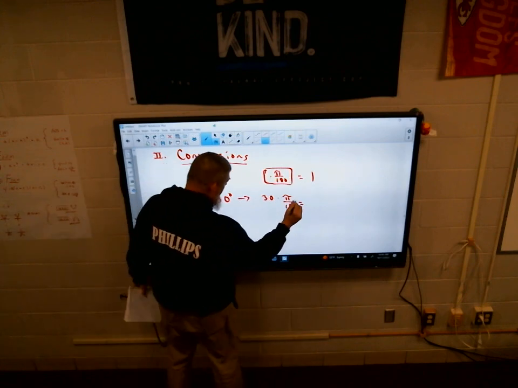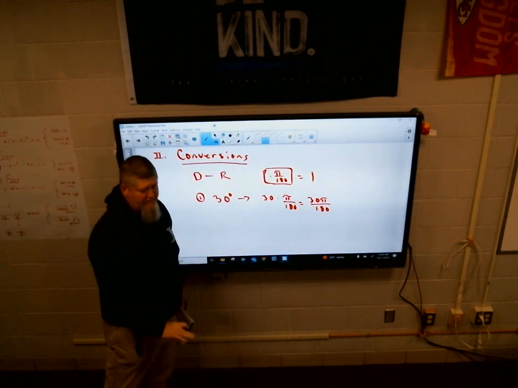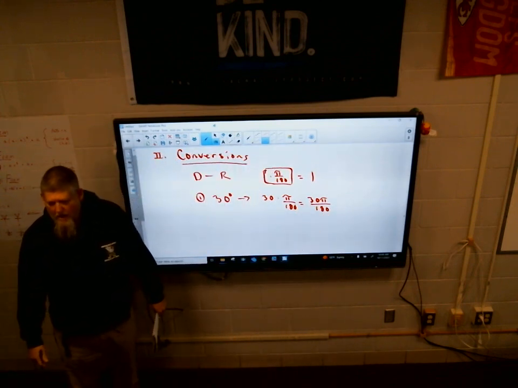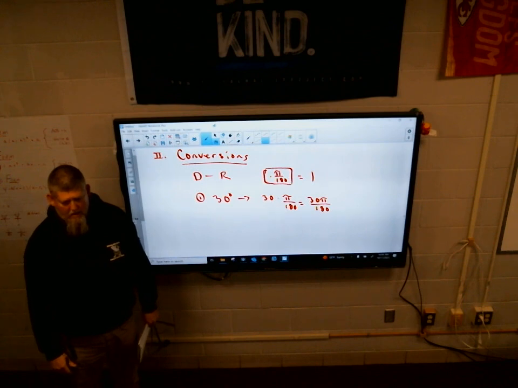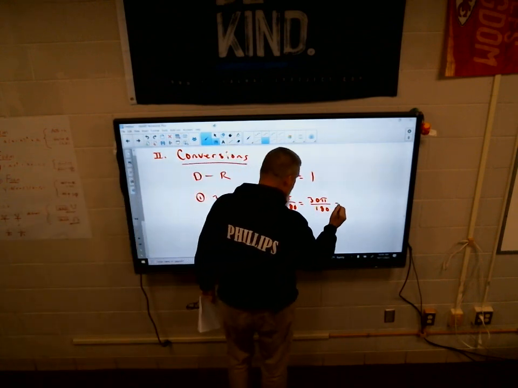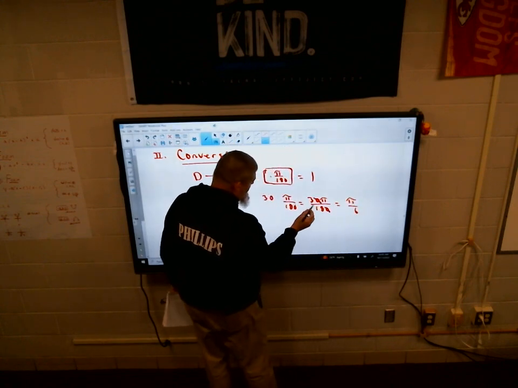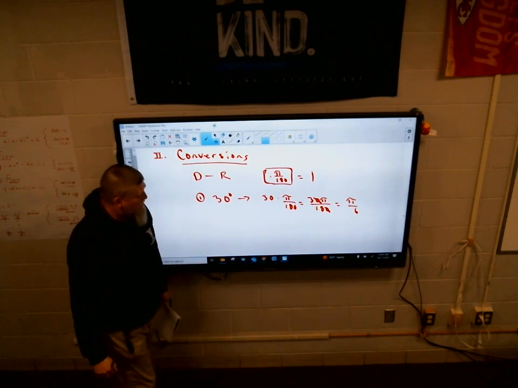So we end up with 30 pi over 180. How does 30 and 180 simplify? 1/6. So it's 1 pi over 6. Think about the zeros canceling, 3 over 18 is 1/6. So pi over 6.